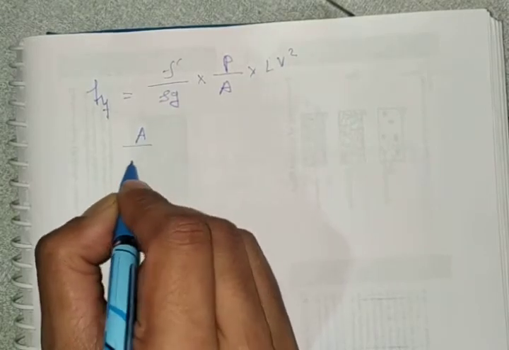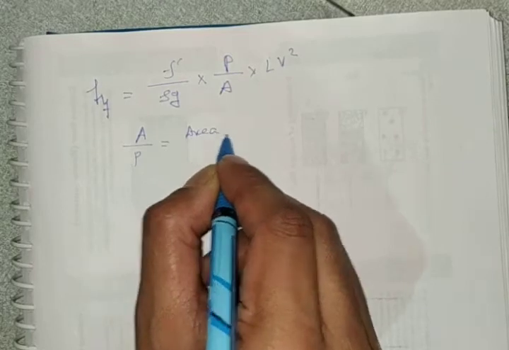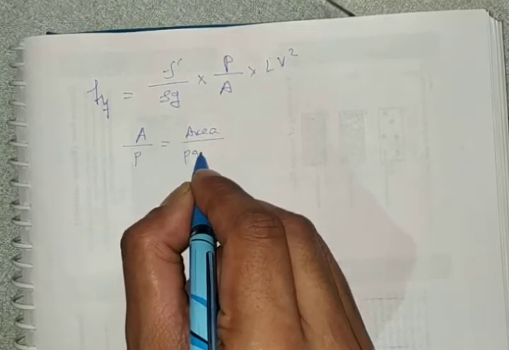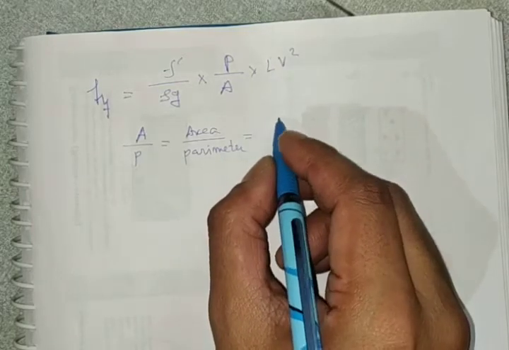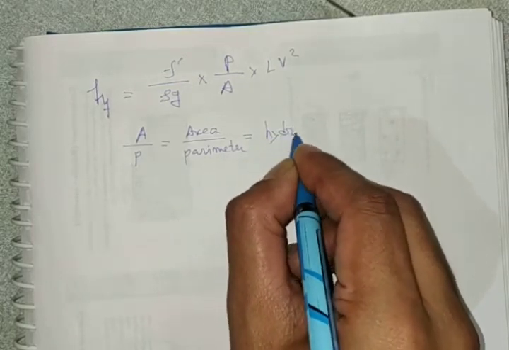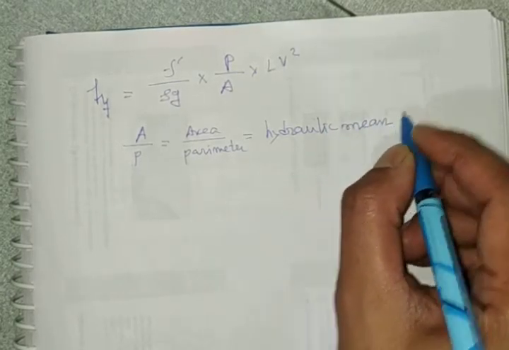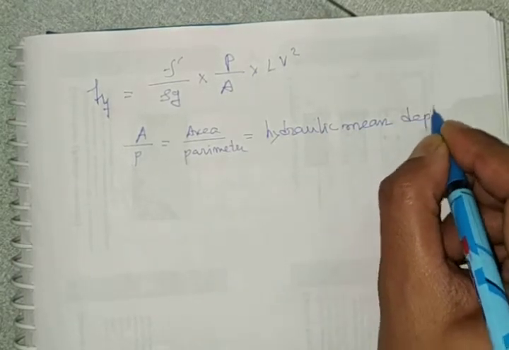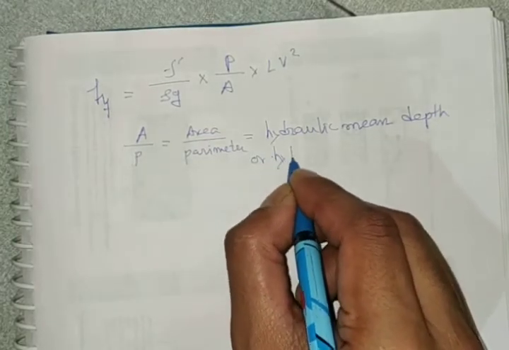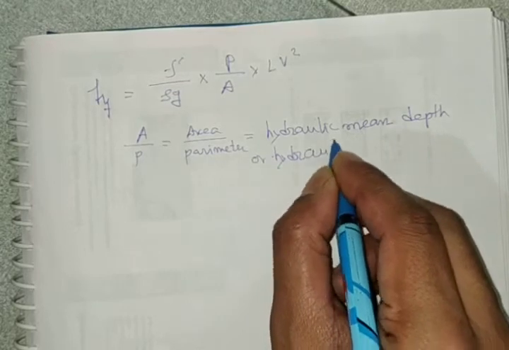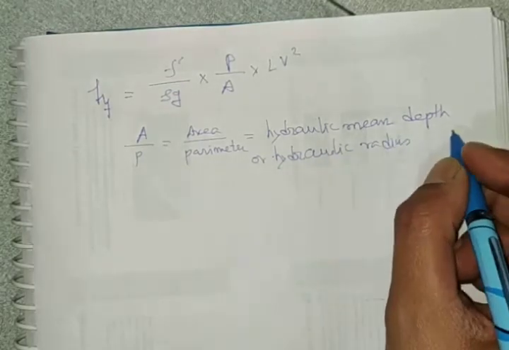A by P, that is area by perimeter, is called hydraulic mean depth or hydraulic radius.